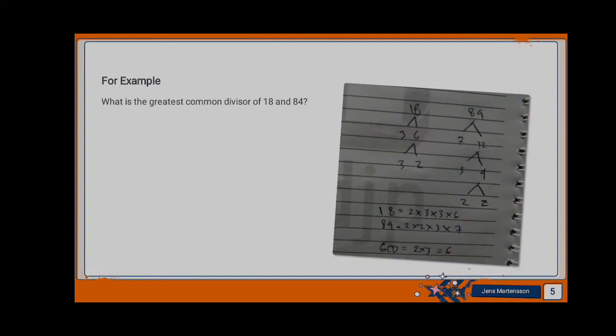Step 3. Multiply the common factors, and that will give the GCD. Next, for example, what is the greatest common divisor of 18 and 84?